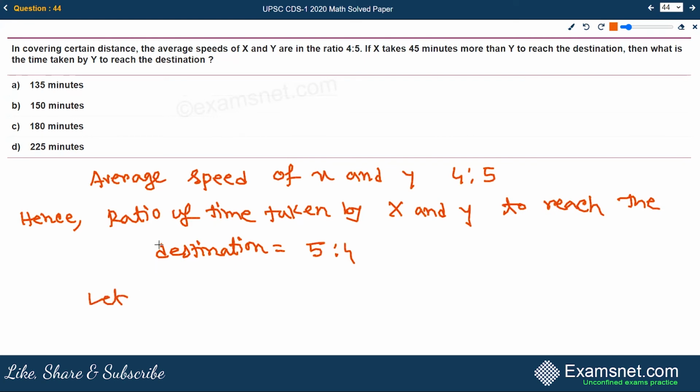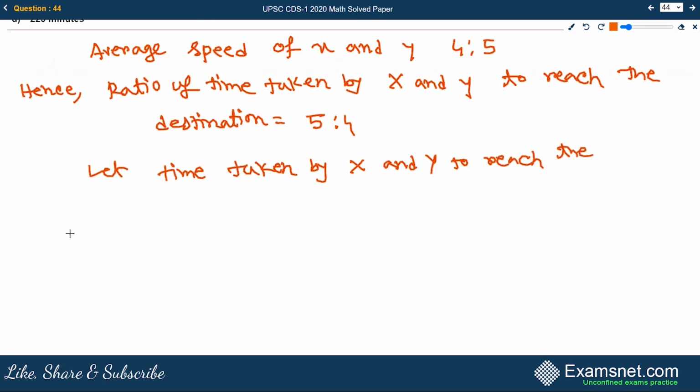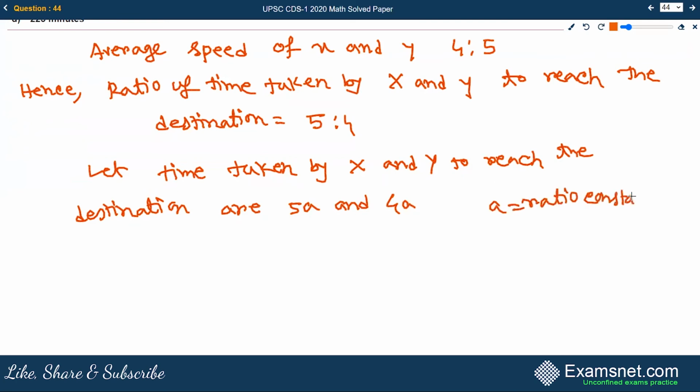So let the times taken by x and y to reach the destination be 5a and 4a, where a is the ratio constant.